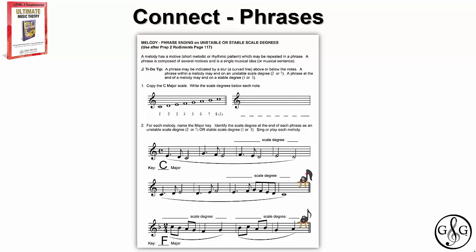Then identify the scale degree at the end of each phrase as unstable, scale degree 2 or 7, or stable, scale degree 1 or 3. And then you can sing or play each melody. So let's look at the first one. The first melody is in the key of C major. And after looking at the last note of the phrase, is it an unstable or a stable scale degree?